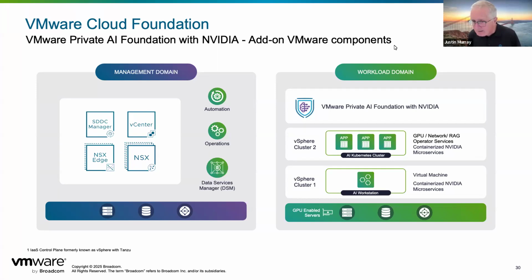Something like 90 or higher percent of AI applications are deployed onto Kubernetes in production. So a Kubernetes cluster, of course, is very familiar to us on VMware Cloud Foundation. Kubernetes is built into VMware Cloud Foundation. The support of GPUs is built in.